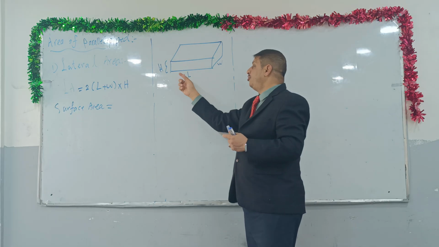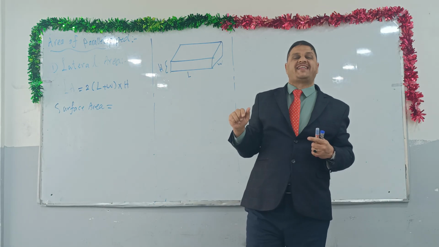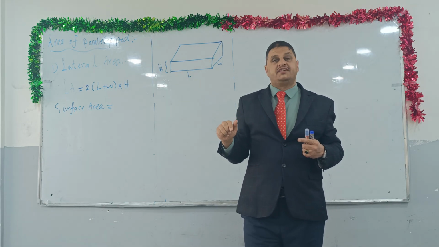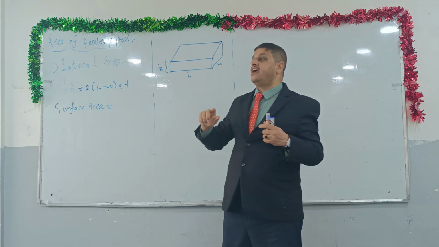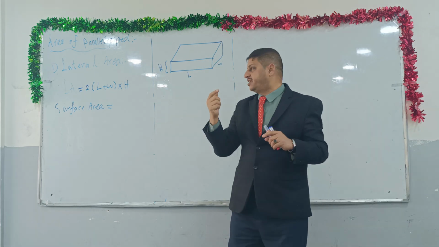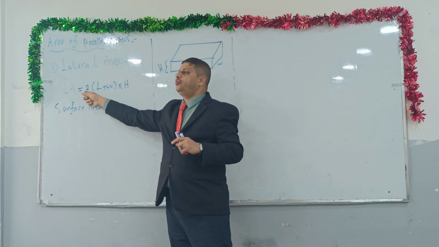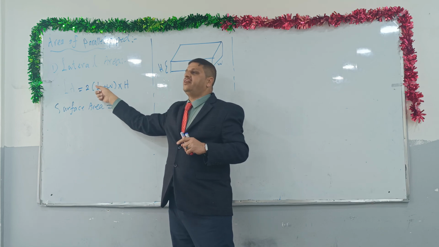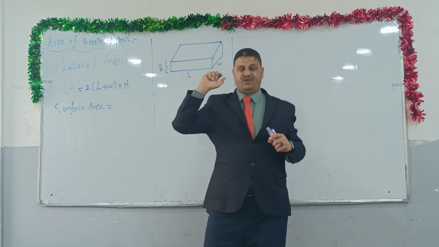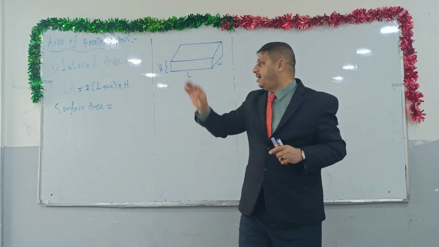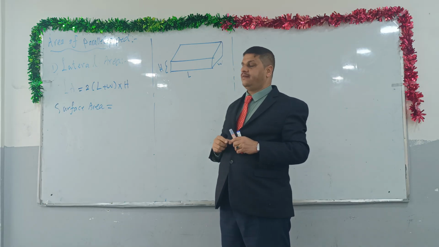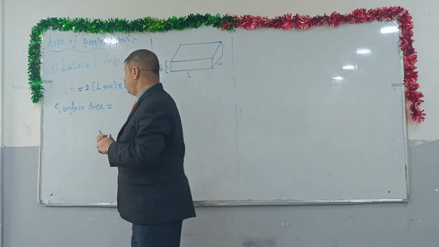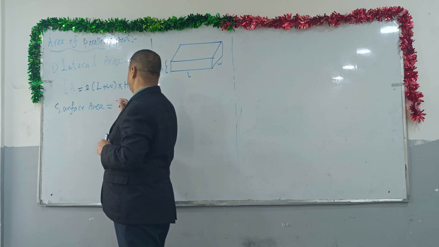But as you know, the base is a rectangle. Since it is a rectangle, its perimeter equals 2 times length plus width, times height.